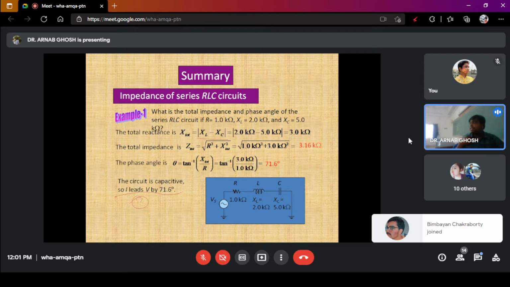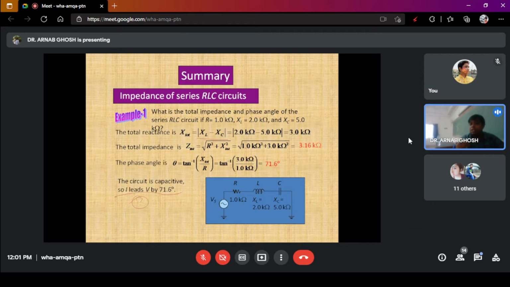When Xc is greater than XL, the circuit will be capacitive in nature. Because Xc is greater than XL, the current is leading the voltage by an angle of 71.6 degree. You have to write this.